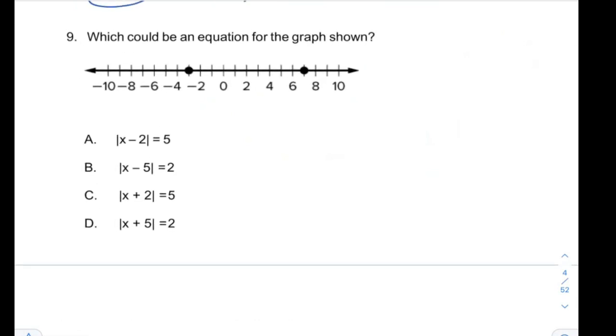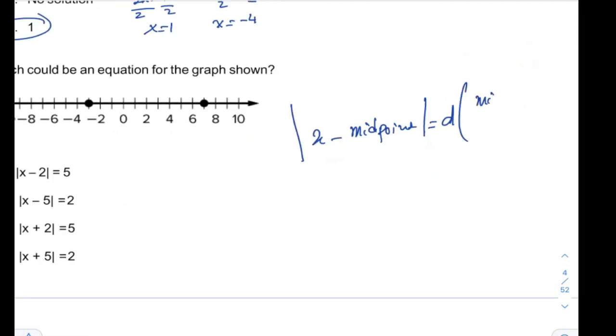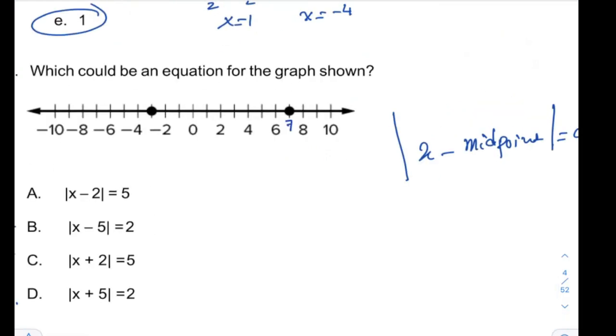Actually, you have two choices. Either you solve each one of them, or you use this form, x minus the midpoint between the two solutions equals to the distance from midpoint to endpoint, any endpoint, because it's the midpoint, it will be equidistant from each endpoint. So now, if you look here, this is 7 and this is minus 3.